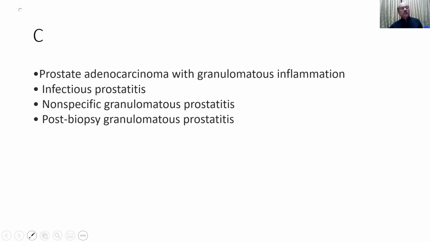So the diagnostic choices are prostatic adenocarcinoma with granulomatous inflammation, infectious prostatitis, non-specific granulomatous prostatitis, and post-biopsy granulomatous prostatitis. And here the diagnosis is non-specific granulomatous prostatitis. And what is the clue?